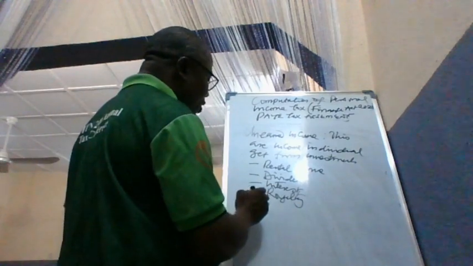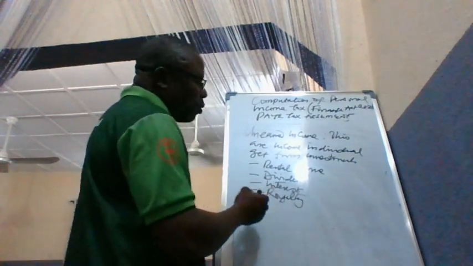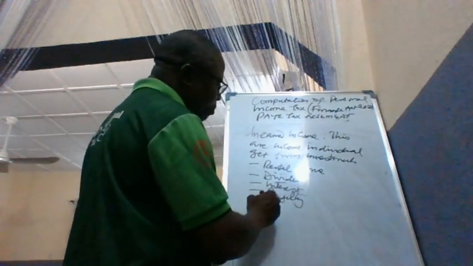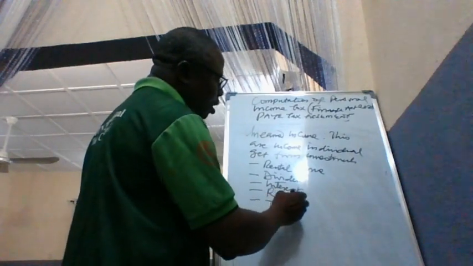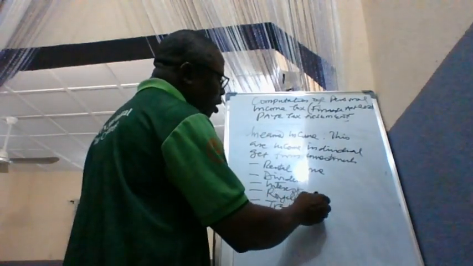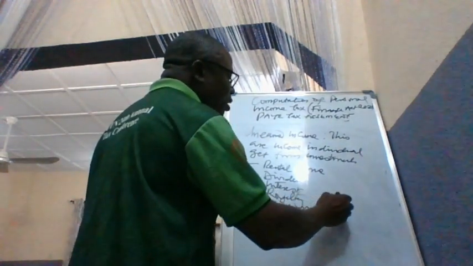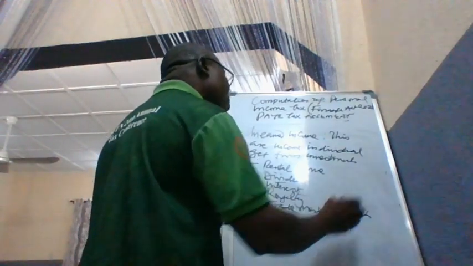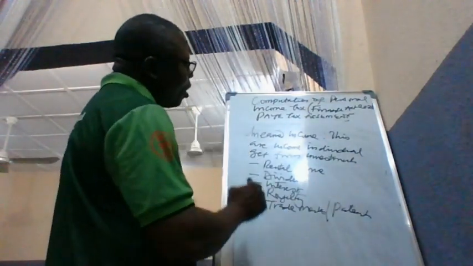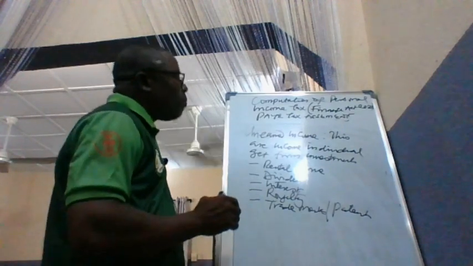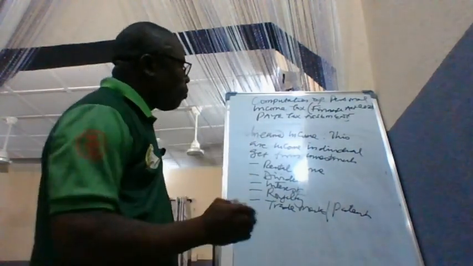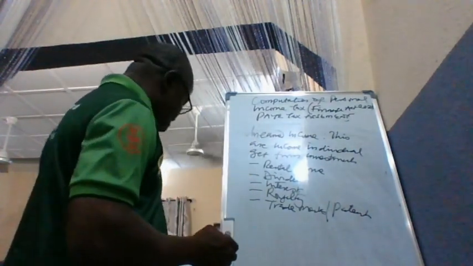And number five is income earned from trademarks or what we call patents. These are the group of income that falls under unearned income.